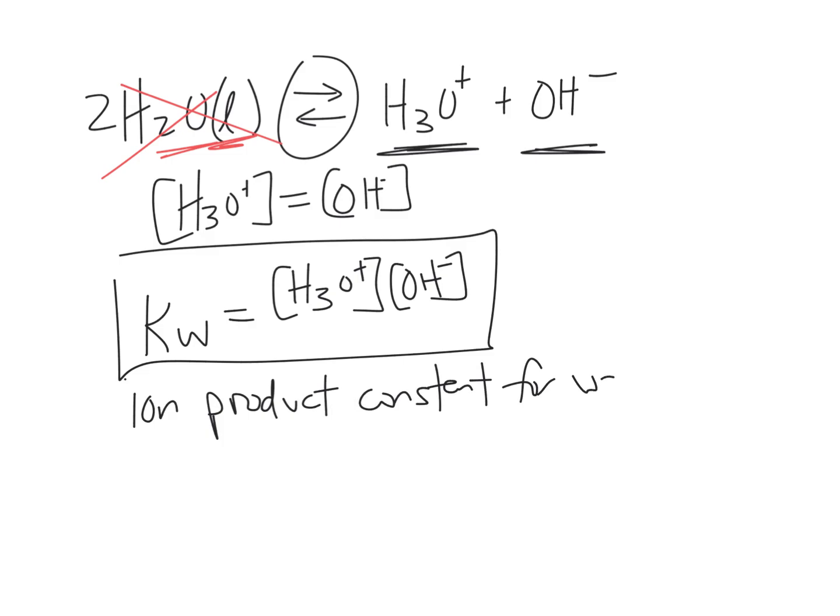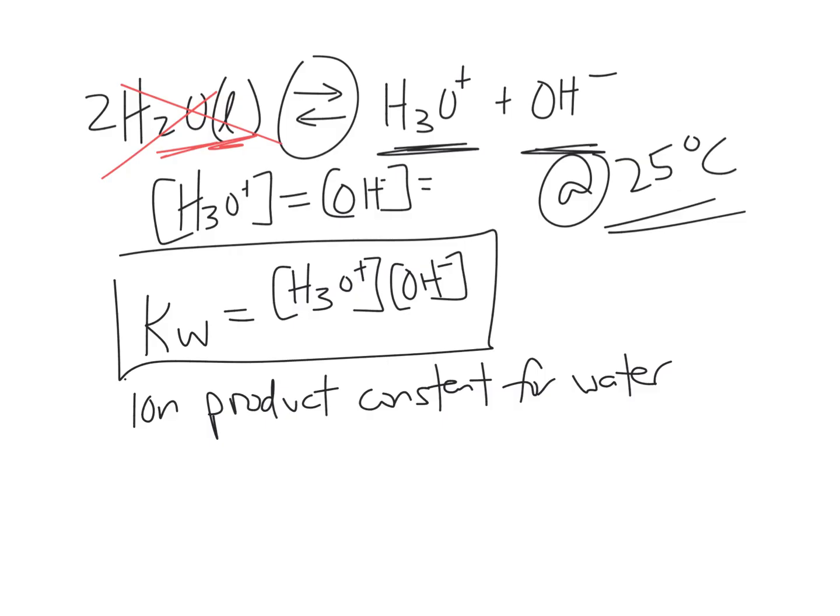Because we said at 25 degrees, and it's very important that you realize this is a temperature dependent value, but at 25 degrees, we said that each one of these is equal to 1.0 times 10 to the minus 7. So what does it equal if you multiply them together?